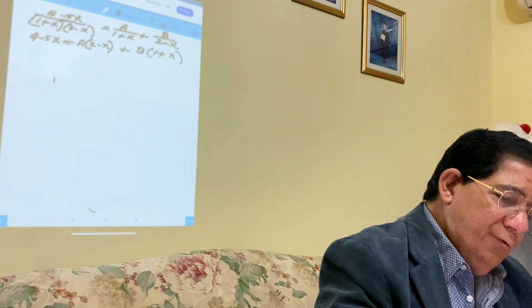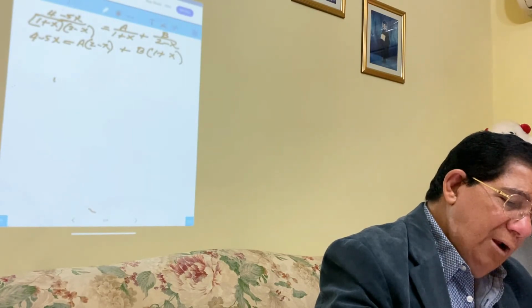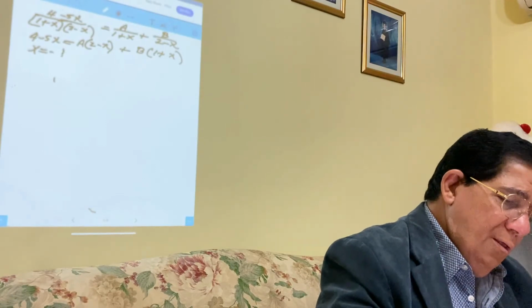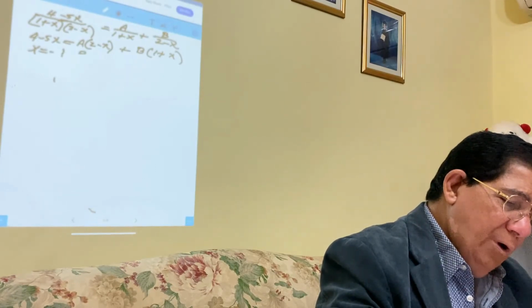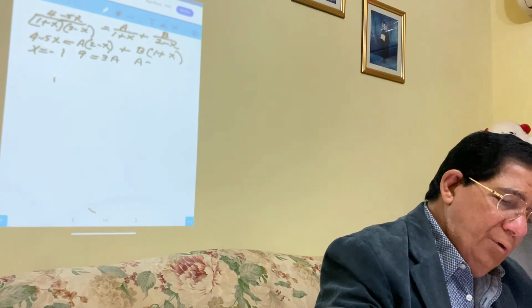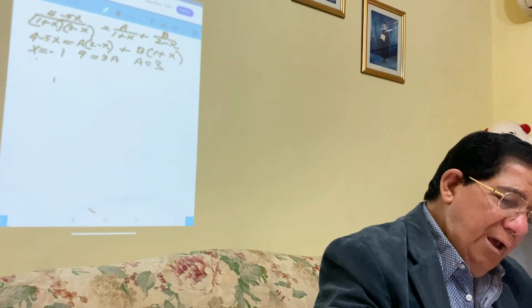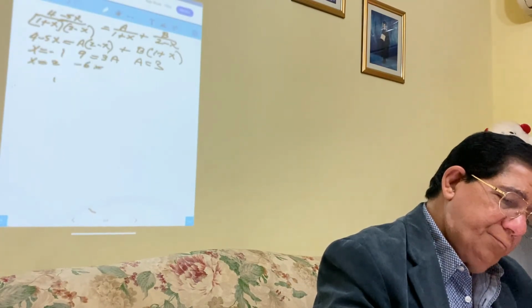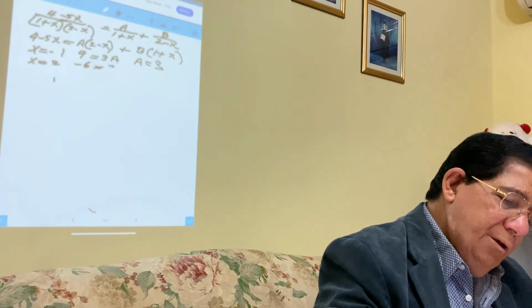We substitute values. We put the value of x equal to -1. Therefore, we get 9 equals 3A, A equals 3, and we put x equal to 2. Therefore, we get -6 equals 3B.